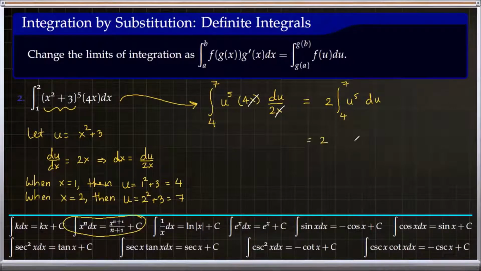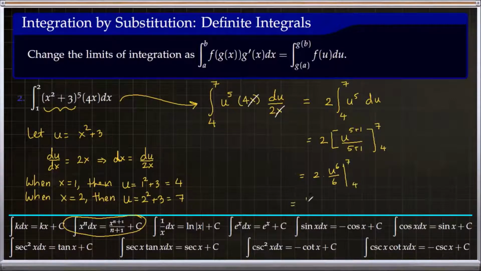So we get 2 times u to 5 plus 1 over 5 plus 1 evaluated from 4 to 7. So this becomes 2 times u to 6 over 6 evaluated from 4 to 7.